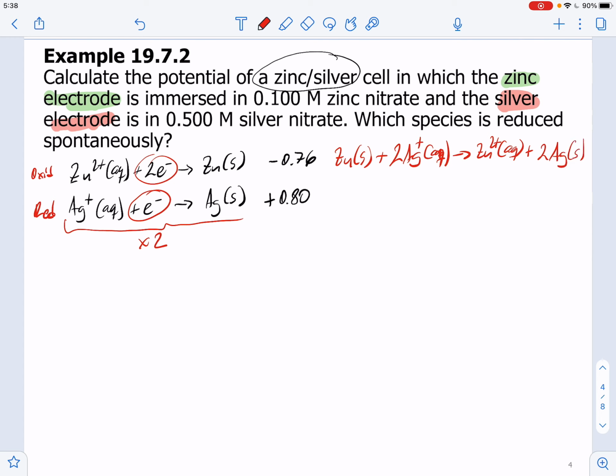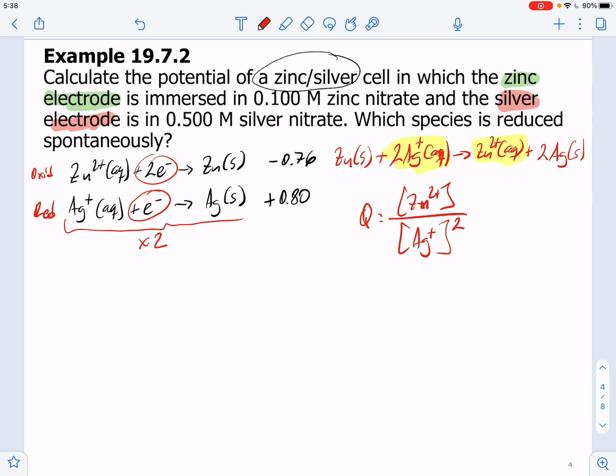That is your reaction. Now I want you to notice that the things that you have in solution are the silver ions and the zinc, and the zinc is your product. So Q is going to be the concentration of zinc divided by the concentration of silver, and since you have a stoichiometric factor of 2, silver has to be raised to the power of 2.